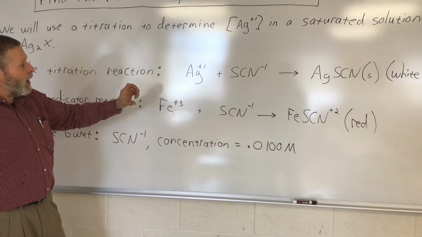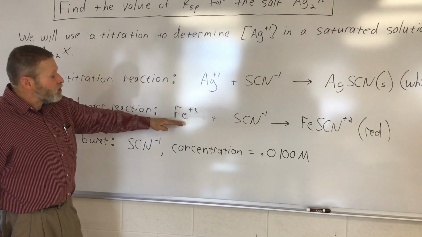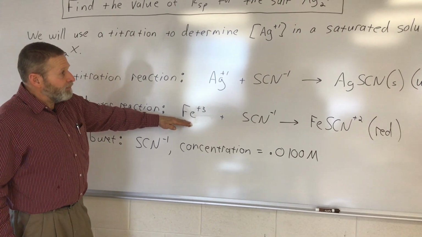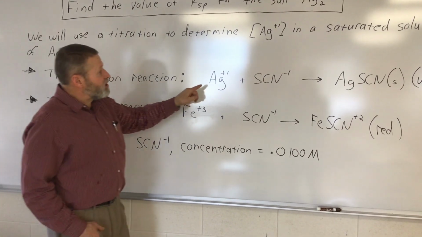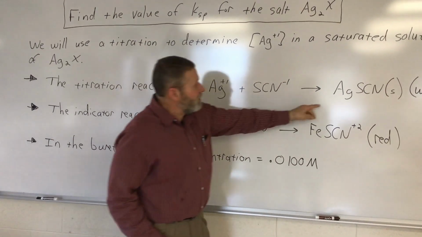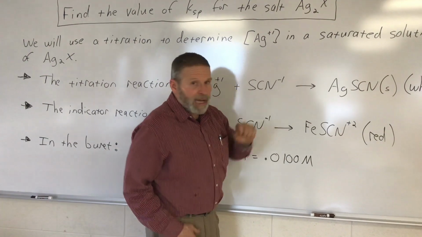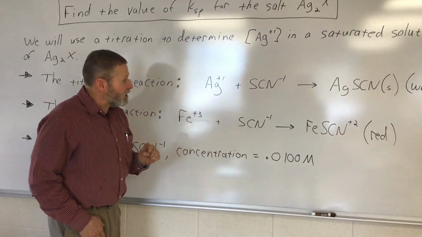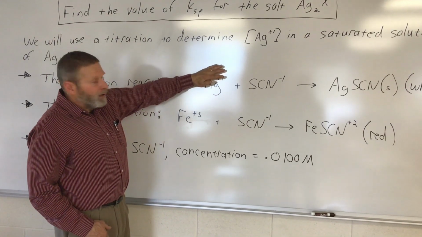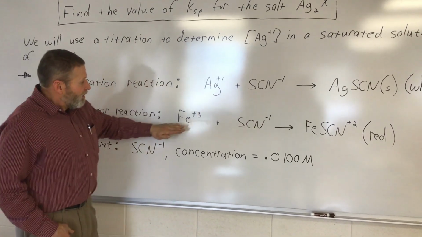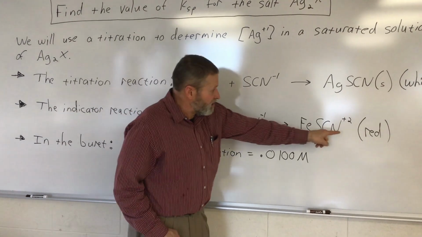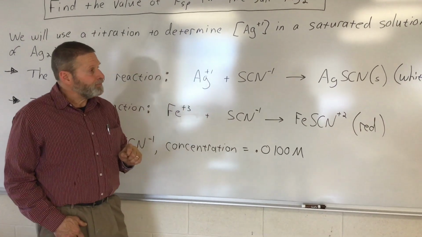We'll measure that out, put in 6 drops of the indicator, and start to titrate. The silver ion and the thiocyanate ion make the AgSCN first. But as soon as all the silver's been used up, the iron reacts with the thiocyanate, and you start to get a red color.